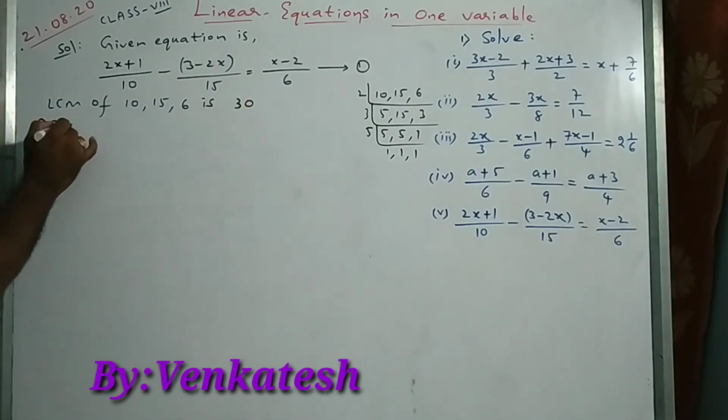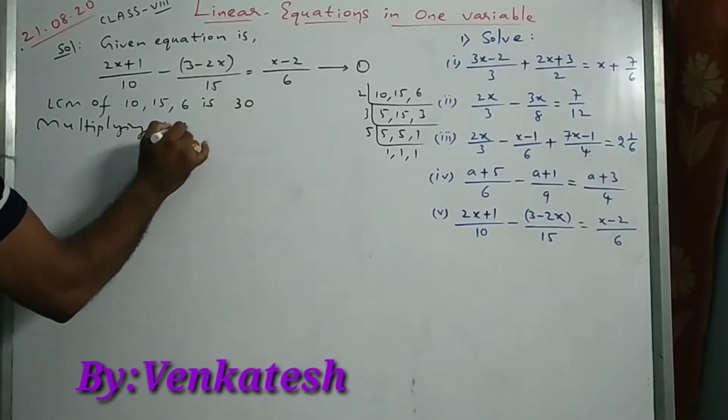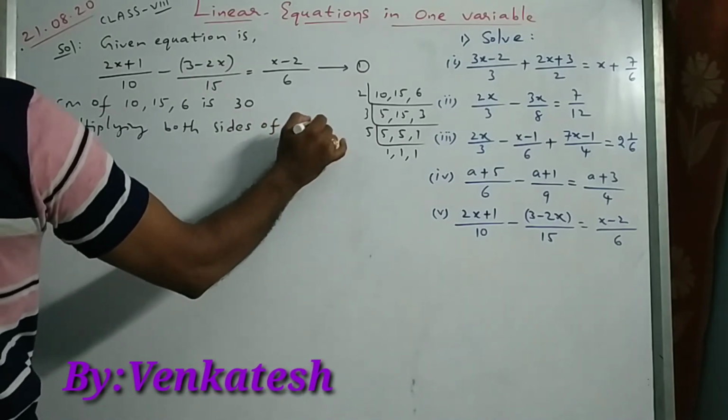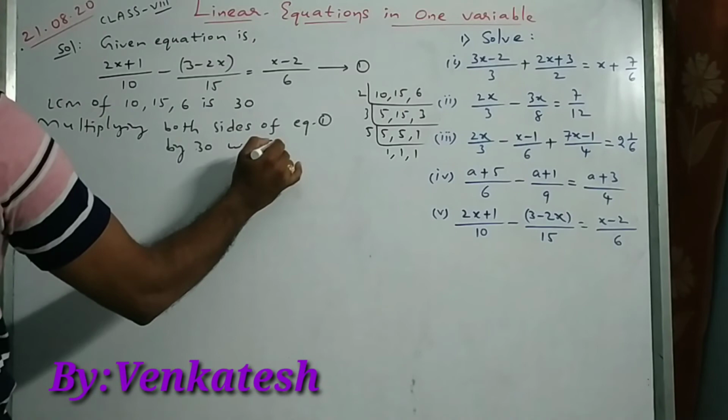So multiplying both sides of equation 1 by 30 we get.